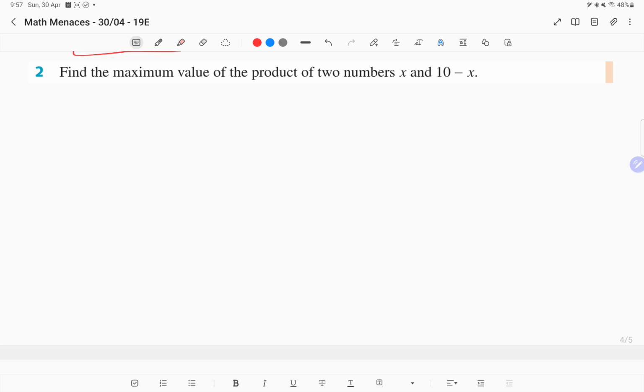I'm going to slowly start working through it. The hint for you guys is you need to define a new variable that represents the product of two numbers, x and 10 minus x. You need to define a new variable so that you can create an equation for yourself, because maximum value means you need to derive it and set it equal to 0.